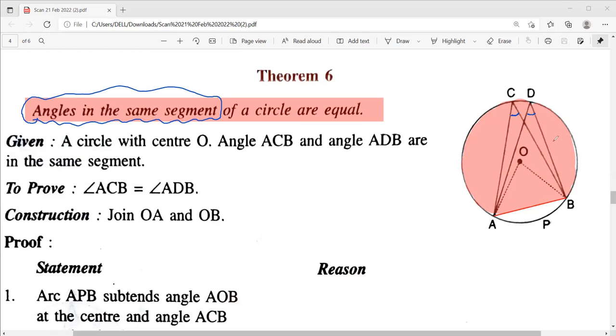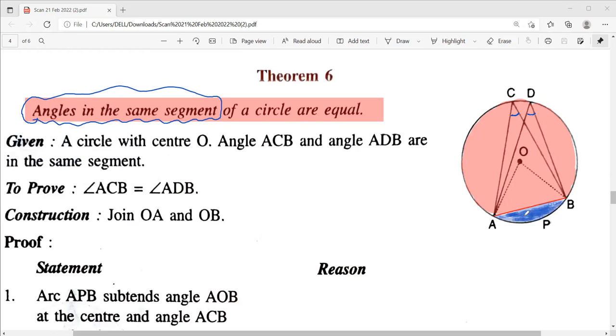See the shaded region here, chord AB and then this arc. I have shaded it. This is one segment. And if you want to know the other segment, how will it look? See, this is the other segment. This is the minor segment.